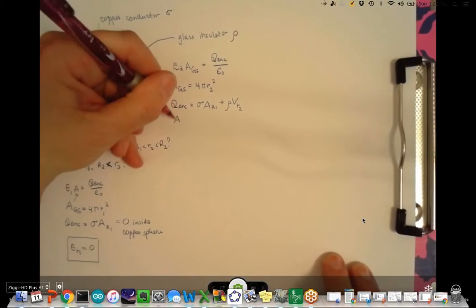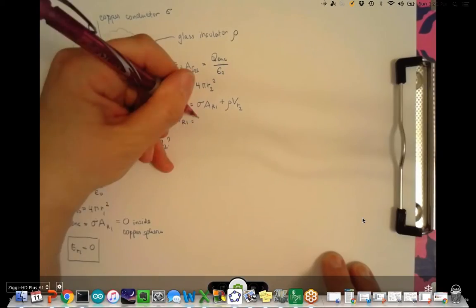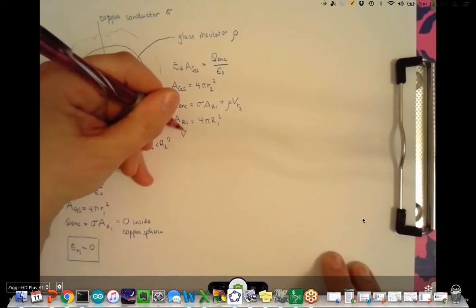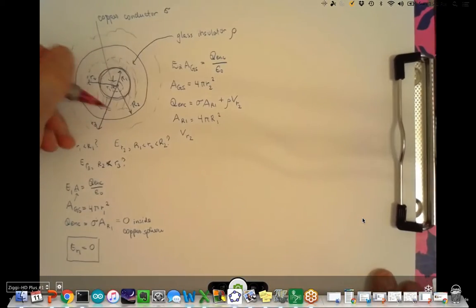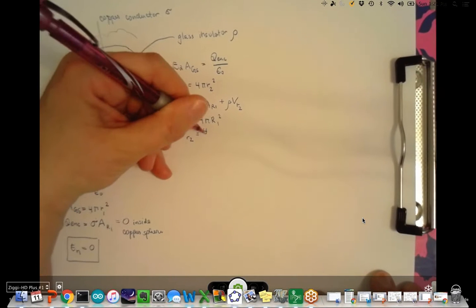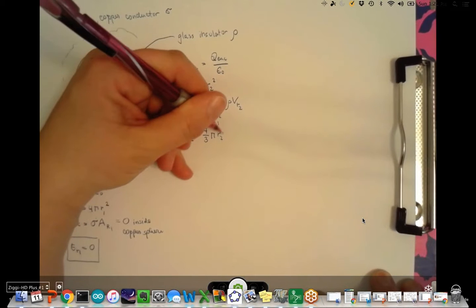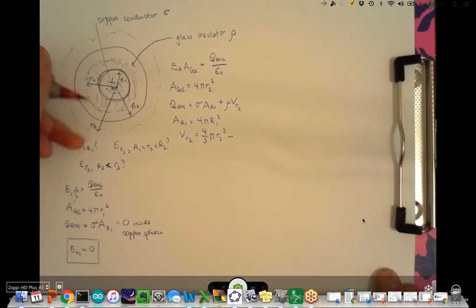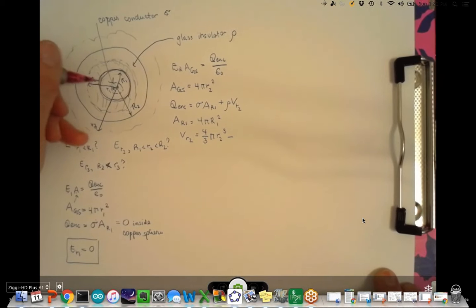All right, so our area at R1 is the area of a sphere at radius R1, so that's going to be 4 pi big R1 squared. And the volume out to little r2: it's going to be the volume all the way out to here minus the volume on the inside. So that's going to be 4/3 pi little r2 cubed, which gives us the volume of this sphere, and then we're going to subtract the volume of the interior sphere to get the volume between the two.